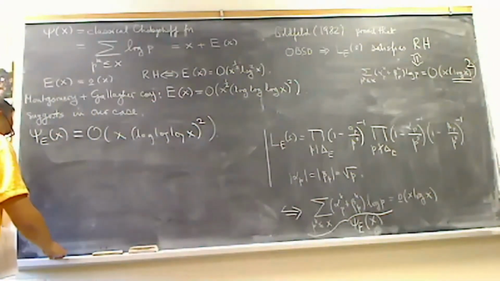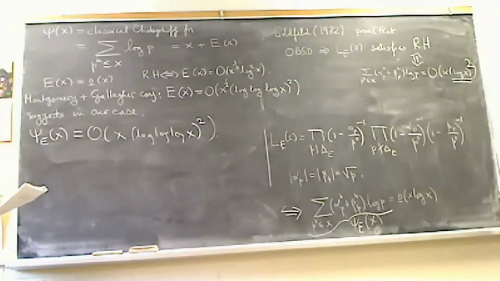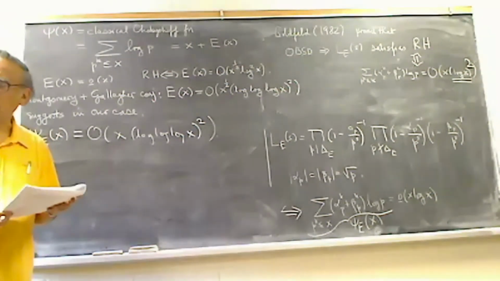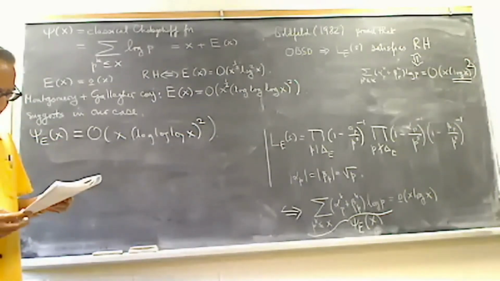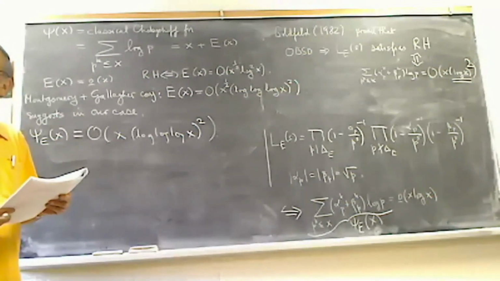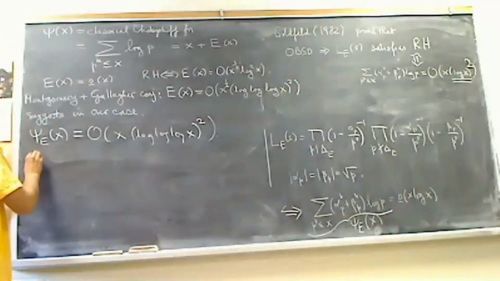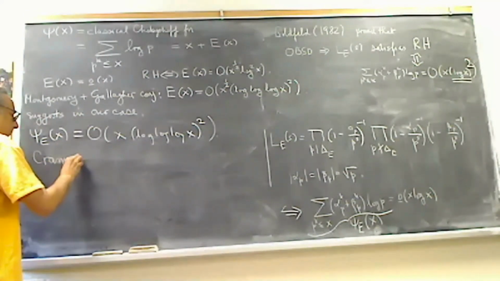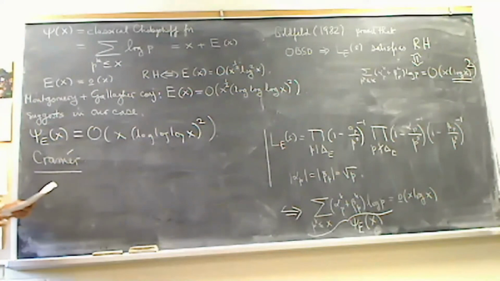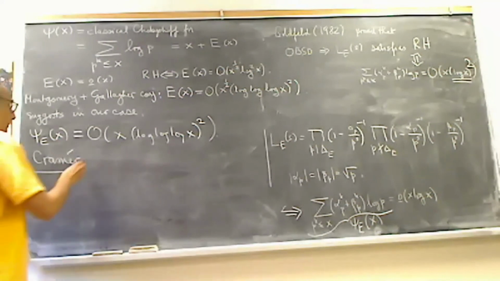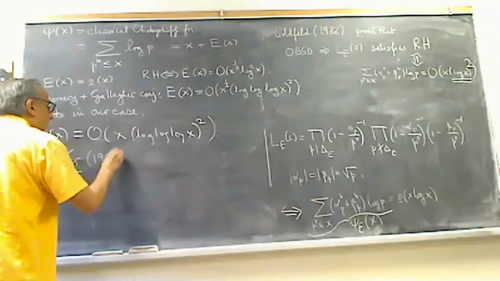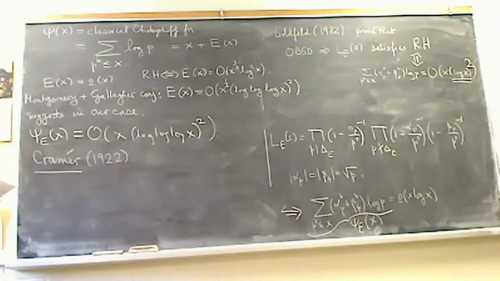But anyway, we started thinking about it, and an old paper of Harald Cramér came to my attention. I started looking at it, and I noticed that there's a nice technique there where he's trying to analyze this. Cramér wrote a paper in 1922 thinking about what the error terms should be.